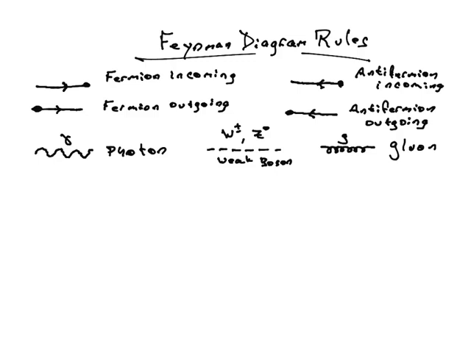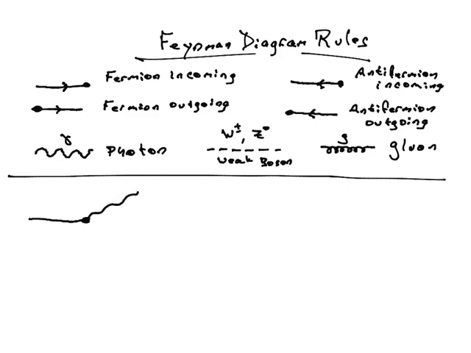All right, so what are some of the allowable vertices that can happen? Well, one thing you can do is put three lines together, and in fact every vertex is going to be made of three. Sometimes you can have four, but the majority of them are going to have three. And we could have something like this. We could have a fermion coming in, and then here's a photon, and here's a fermion.